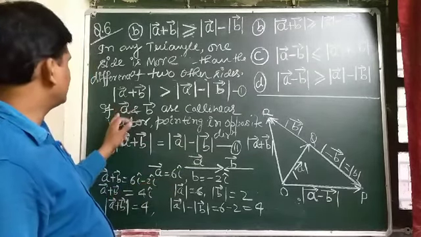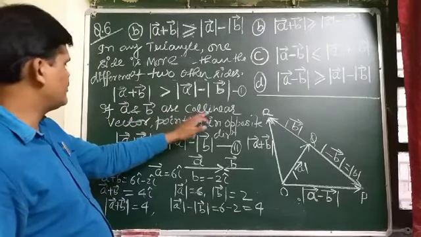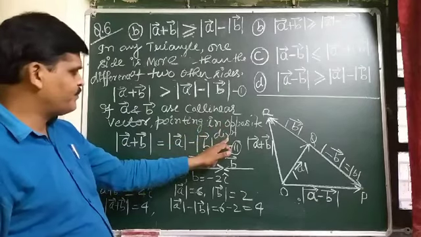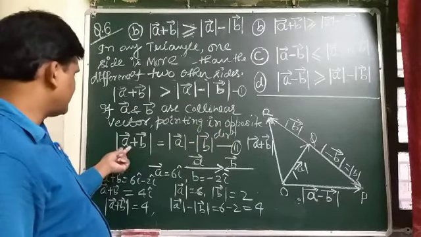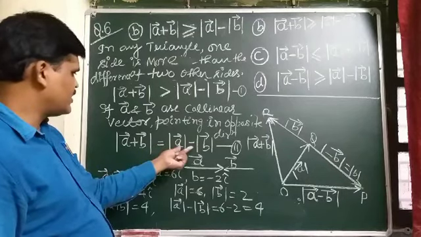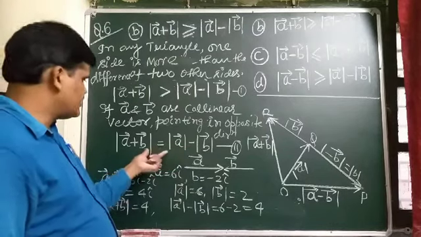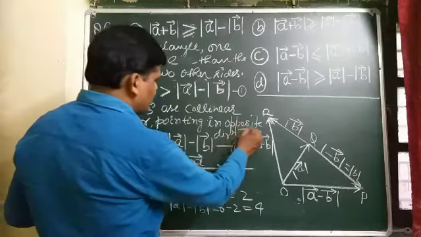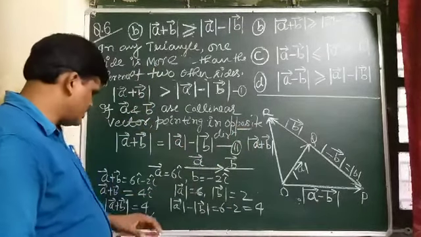So we can say that if vectors A and B are collinear vectors pointing in opposite direction, then mod vector A plus vector B is equal to mod vector A minus mod vector B, and this equality sign holds when two vectors act in opposite direction.